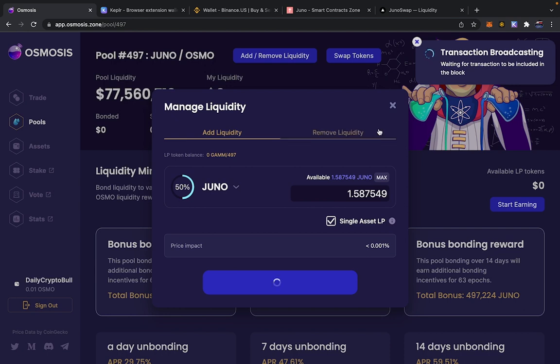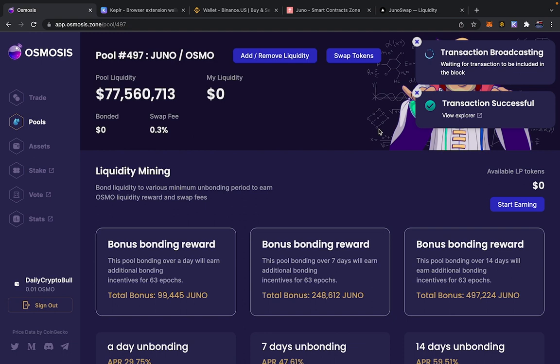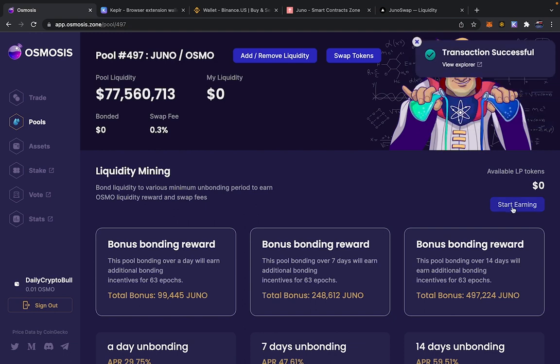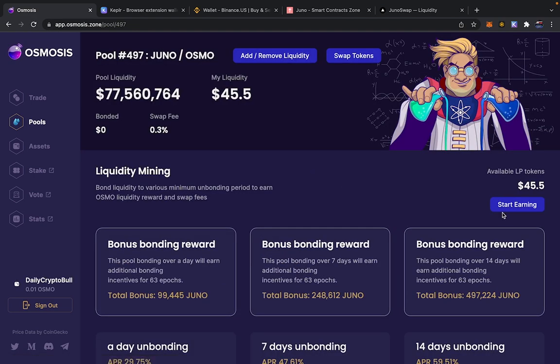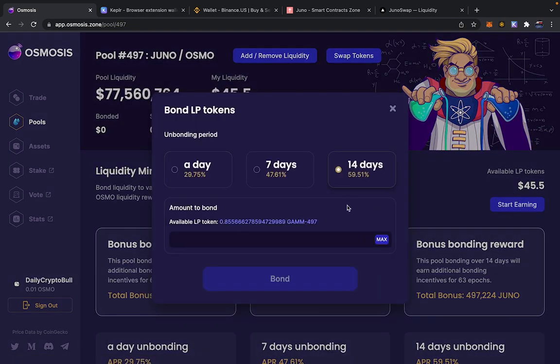Just wait for it to go. Transaction successful. This should pop up down here. Let's refresh it. There we go. Start earning. 14 days. Max bond.